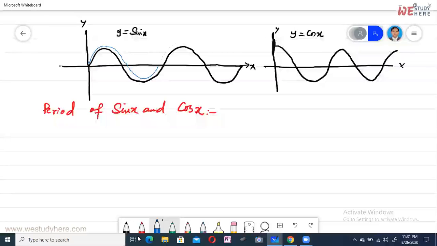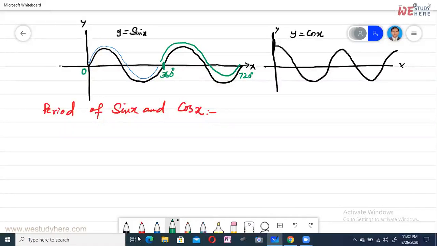Again the same curve, which I'm showing with a different color. This is the repetition. Up to here is one complete round. This is the period. This revolution is completing from 0 to 360 degrees, and from 360 to 720 is the second round.